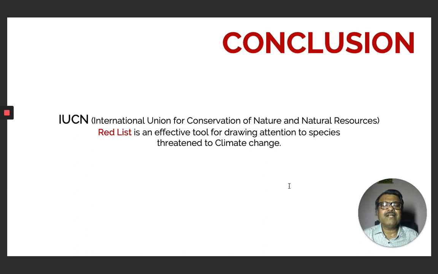IUCN has collected information on various species and compiled it into a red list, and that red list is a very important document of IUCN where we have information on the threat level to various individual species studied so far. So the red list is an effective tool. In other words, the red list is an effective tool for drawing attention to threatened species.